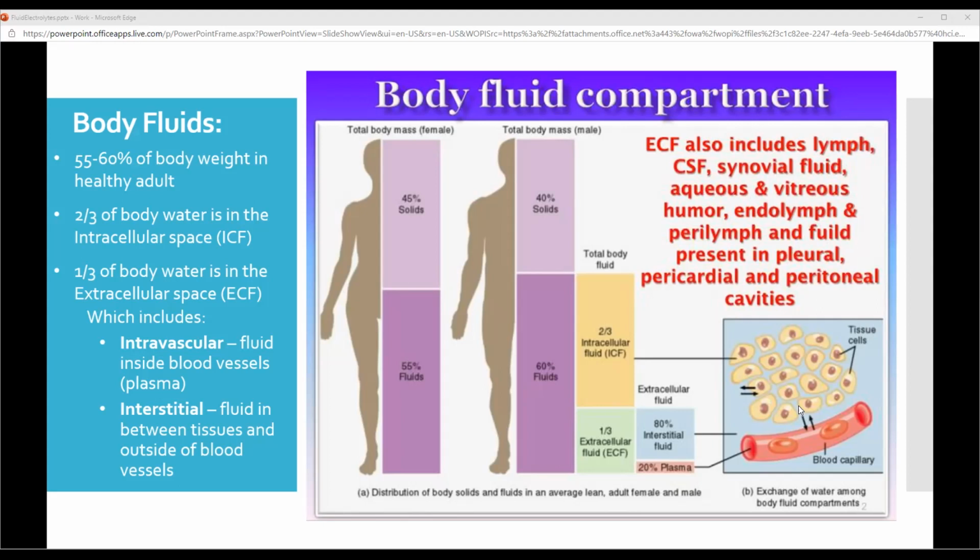Extracellular fluid is what we're looking at when we look at lab values. We're getting blood from the intravascular space, inside the blood vessel, and that is extracellular. You would have to have a microscopic needle to get deep inside the cell and draw out the amount of fluid that's inside of a cell.